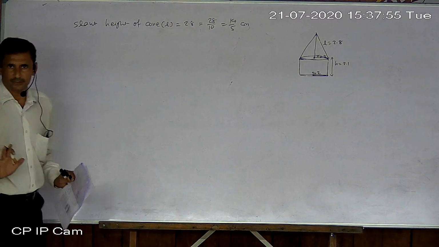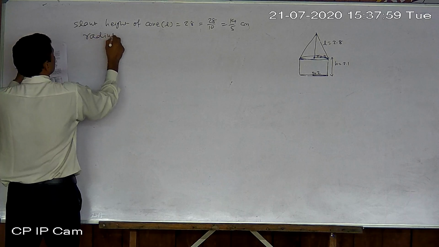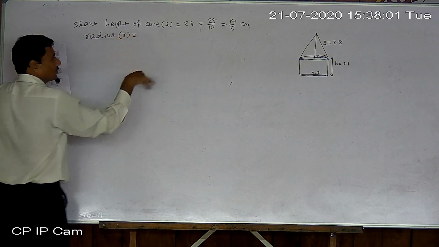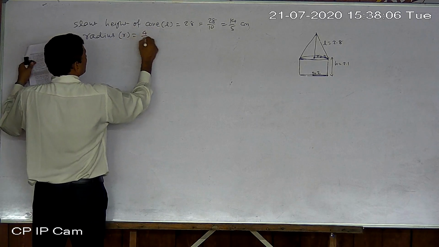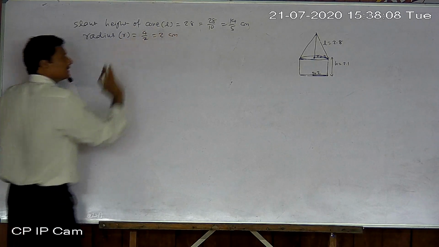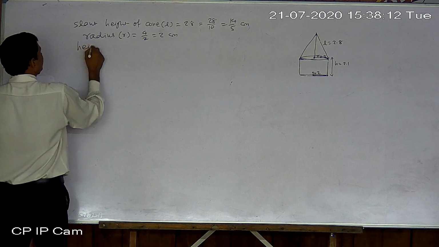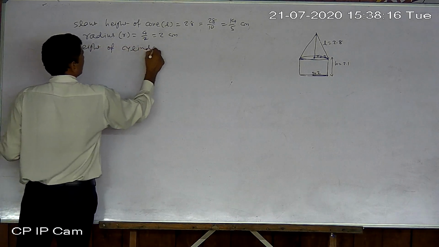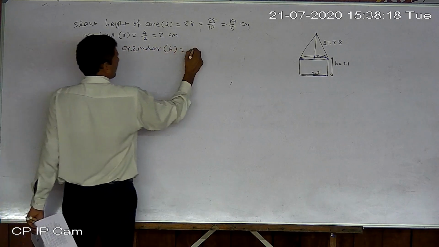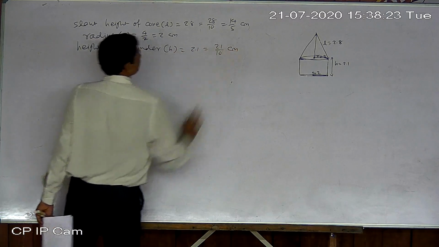Now, radius. Radius means radius, not of cone or of cylinder, of both. Radius equal to 4 by 2 equal to 2. Why? Because diameter is given, so we have to show that. Height of cylinder 2.1 means 21 by 10 meter.